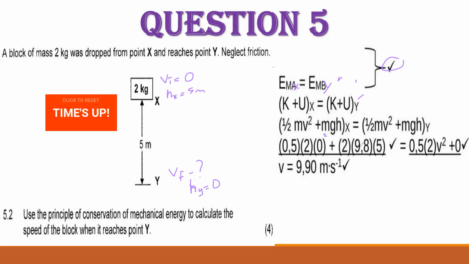And then m times g times h. You have only potential at the first position. At the second position, you have only kinetic energy. So you write your formula, kinetic plus potential equals kinetic plus potential. This one is 0, as you see. And on this side, potential is 0. You just use these two equations and then get V done.